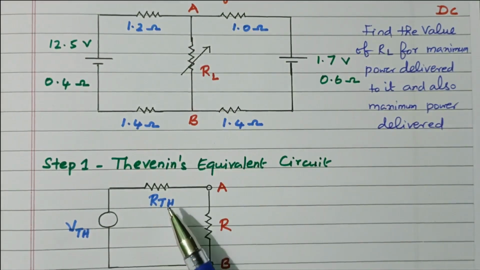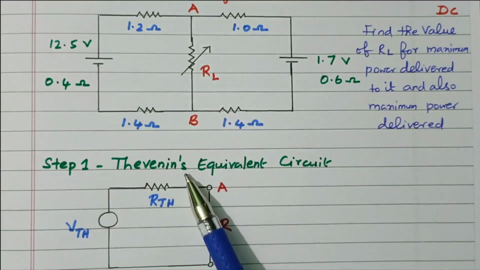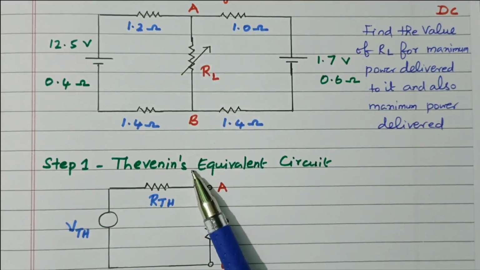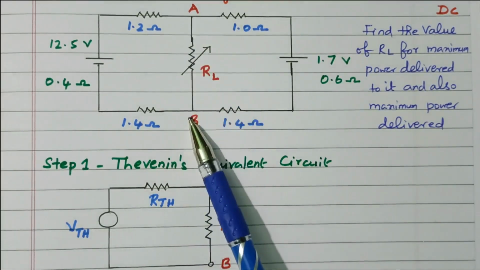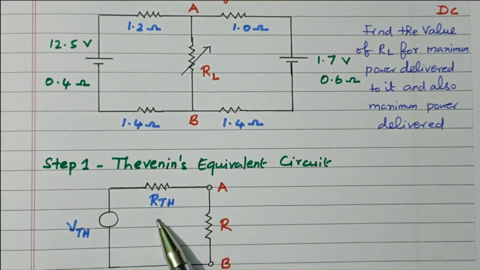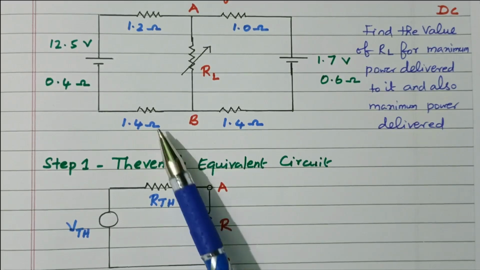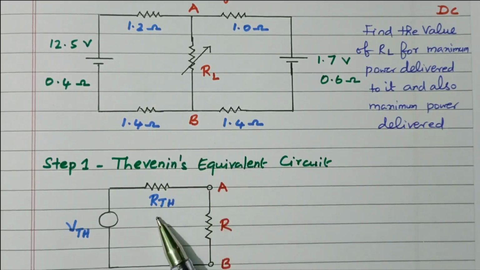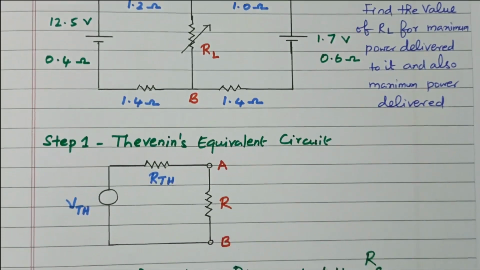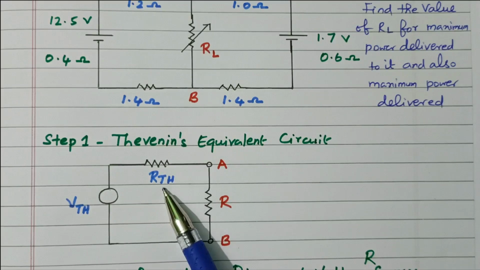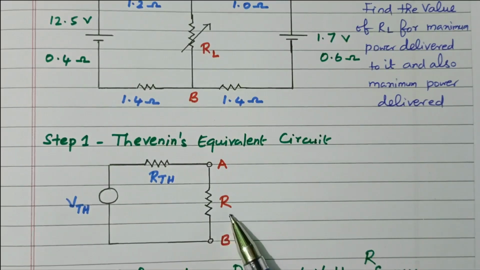It is the resistance across AB after removing the voltage and current sources. So RTH is the system's internal resistance. Based on the maximum power transfer theorem, this internal resistance is equal to the load resistance.